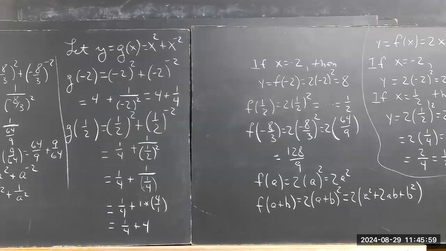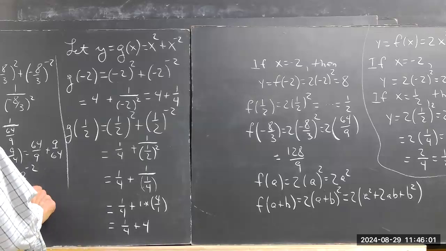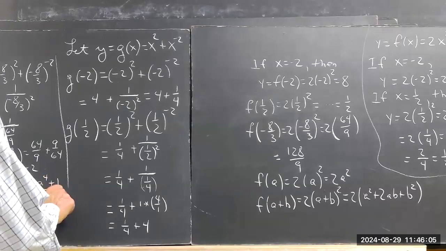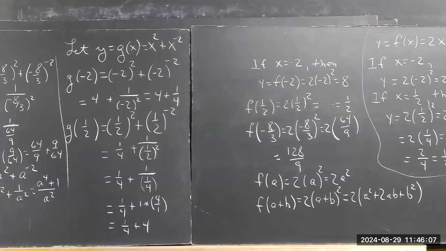I'll write that down, just not going to explain it. But you can see that this has to be the same as this after I break it down, because a to the 4th divided by a squared simplifies to a squared, doesn't it? And then plus 1 over a squared. There it is, right?